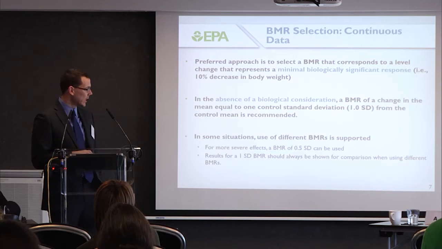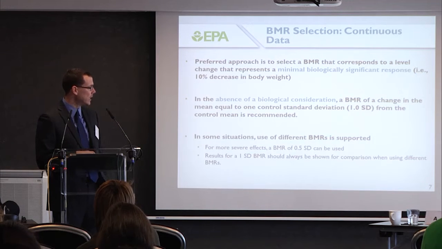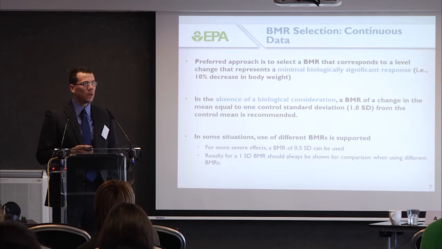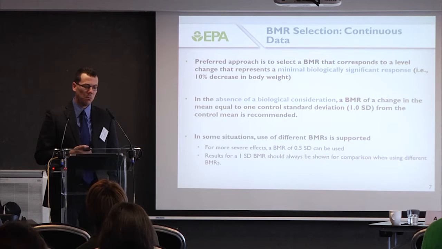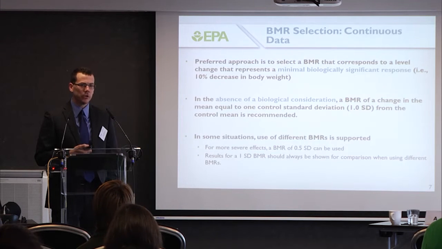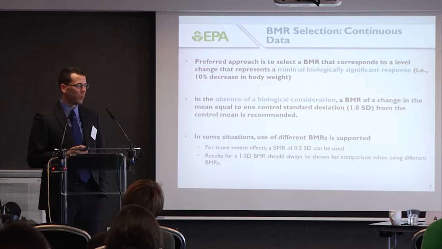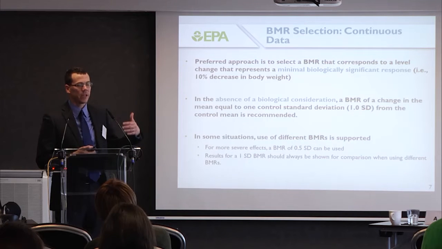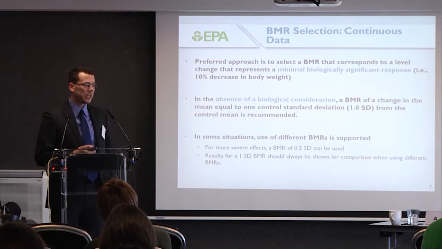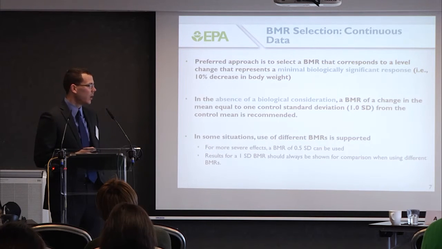So that is a recognized deficiency in the use of standard deviation, but EPA considers that a more minor issue than using a standard percent deviation across all endpoints, recognizing that a 5% decrease in one endpoint is not the same as a 5% decrease in another endpoint.